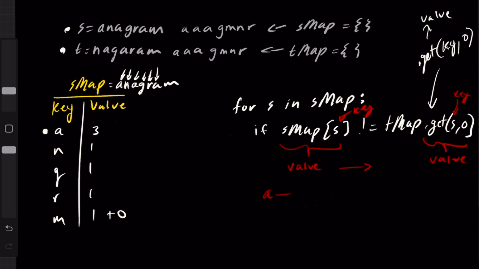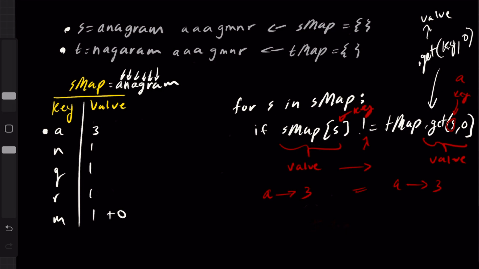Now, tmap.get at s, right? The key is a, and so a inside of tmap, if it is an anagram, should equal 3, right? And then they equal. Now we're testing if it doesn't equal, then we return false. Now there's a lot of stuff on the screen, right?